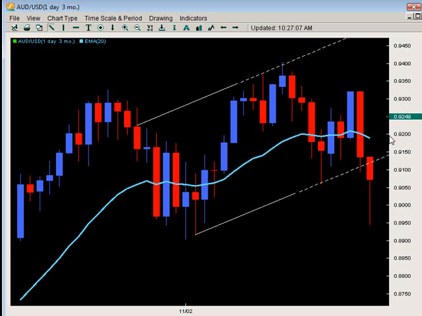The other thing about it is that when we're in an upward channel, most traders, and traditional channel traders, tend to think, okay, we're in an up channel, it's just broken it, now the price is going to go down. Not necessarily. If we've already been in a trend for a long period of time, one of the things that will often happen is a trend will often move sideways for a great period of time before it starts a reversal, or it may move sideways and then start another leg up.